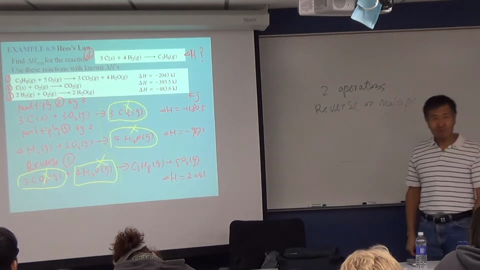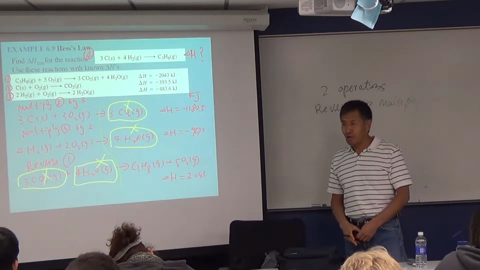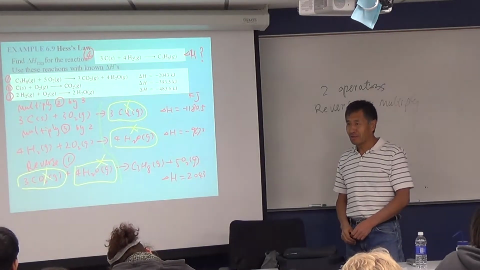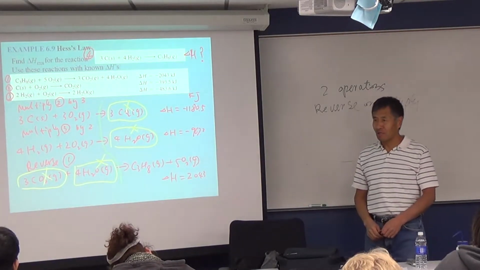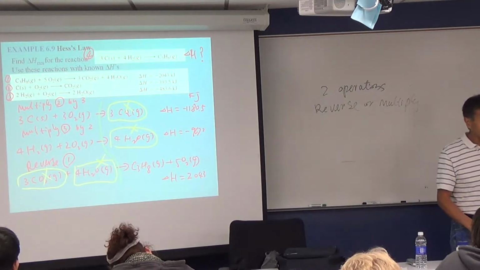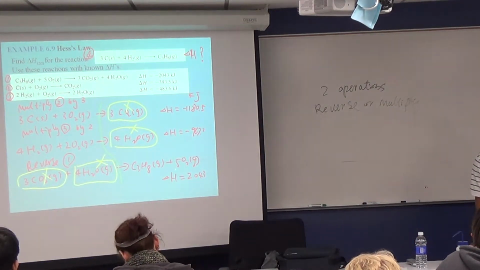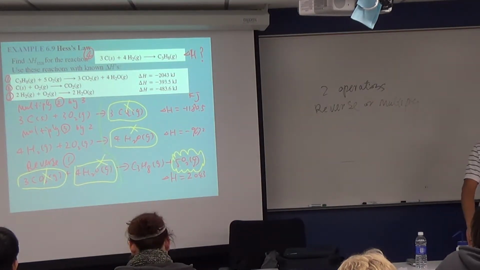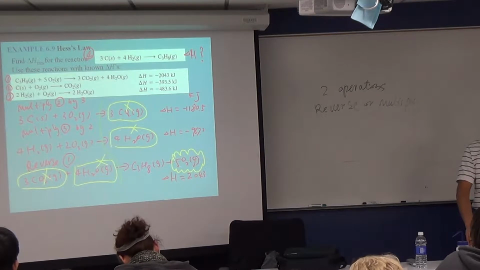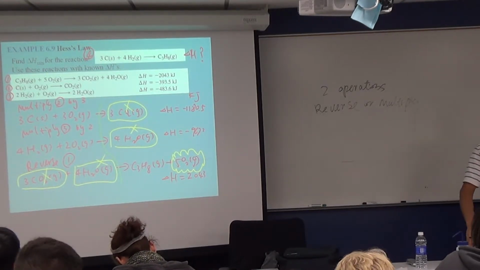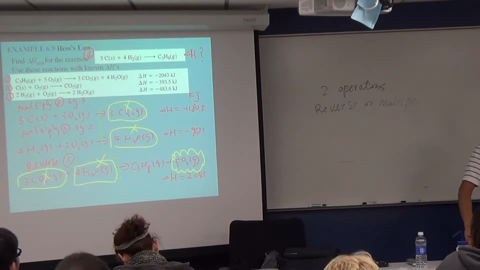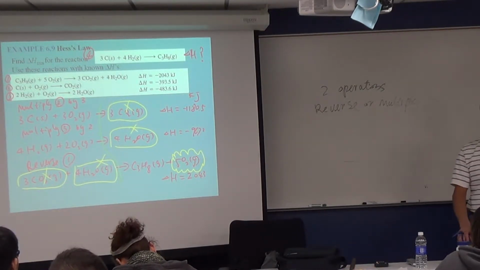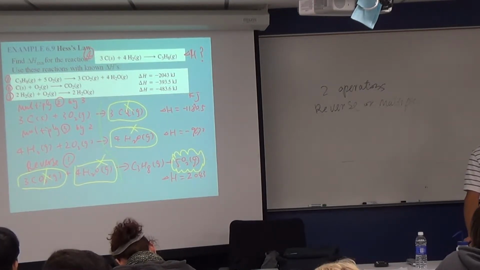Okay, the next one is a little difficult. Oxygen, O2. How many O2 on the right? Everyone see that? 5 O2 here, and all of them are gas. So you want to cancel all these 5, you also need a 5 on the left side. Do we have altogether 5 O2 on the left side?